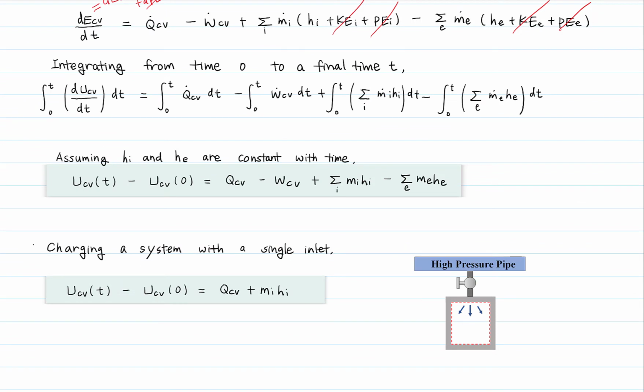Usually in transient analysis, we consider a uniform flow process to simplify the analysis. The uniform flow process means that the properties of the fluid entering and leaving the system are uniform and steady. So we can assume enthalpy at the inlet and outlet are constant with time.